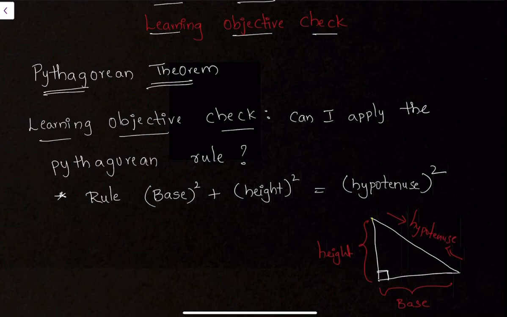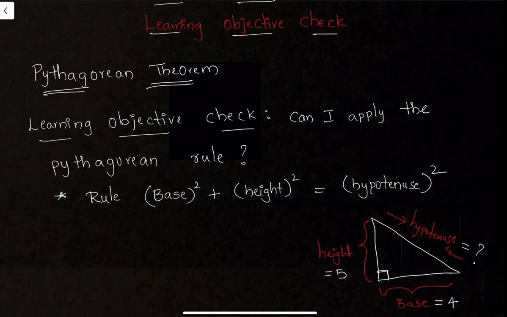So the rule is height square plus base square is hypotenuse square, or base square plus height square is hypotenuse square. So let me say the base is 4 and the height is 5, then what will the hypotenuse be? This would be a question.